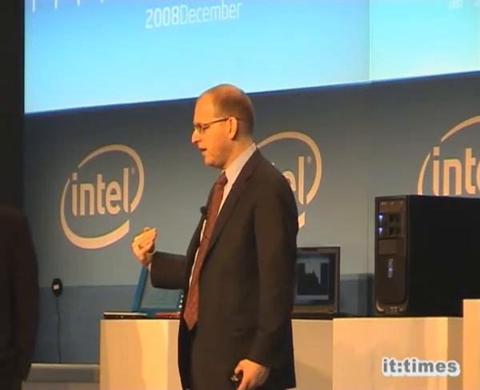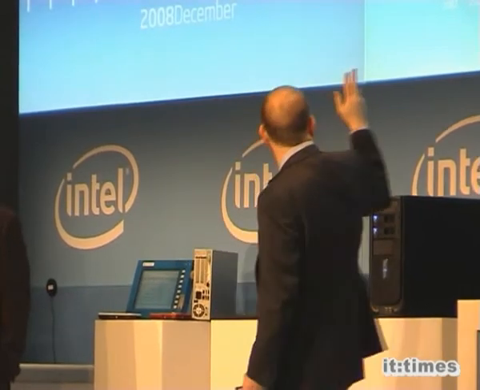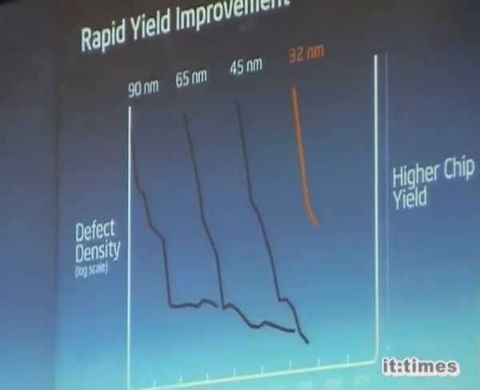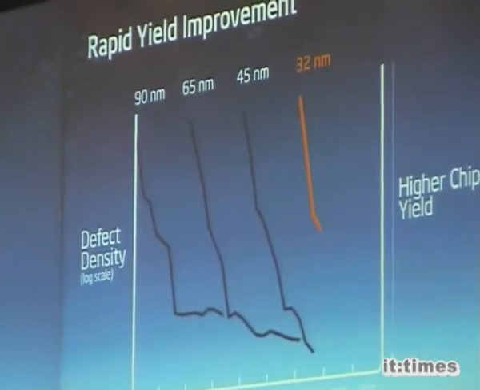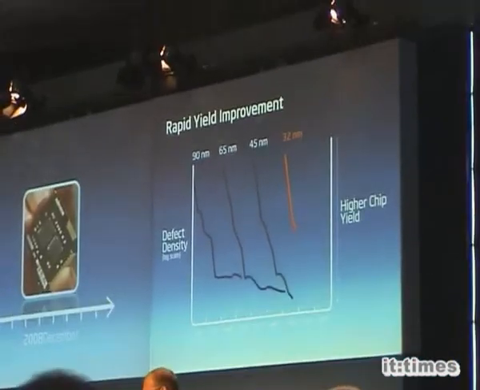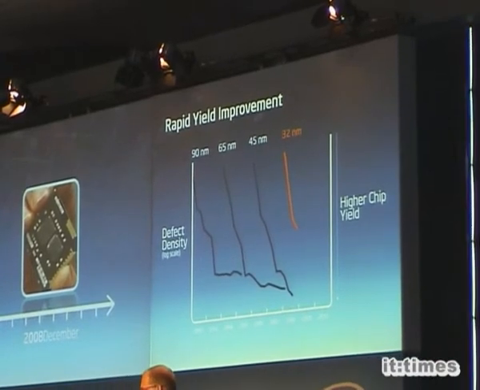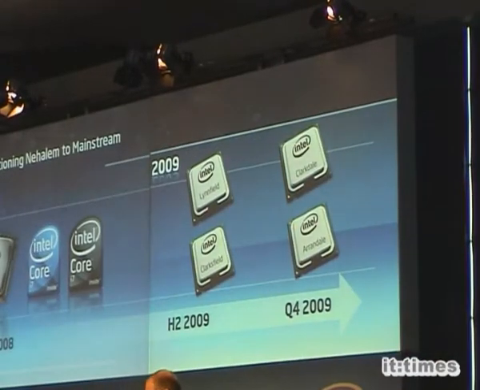You can see over the various generations, we were able to achieve a very low defect density and a high yield, and in fact, on 45 nanometer, we've gotten to some extraordinarily impressive defect density rates. And today, with 32 nanometer, we've reduced it considerably over time, and as you can see, those curves are very parallel, so we're very much on track for high volume production later this year.